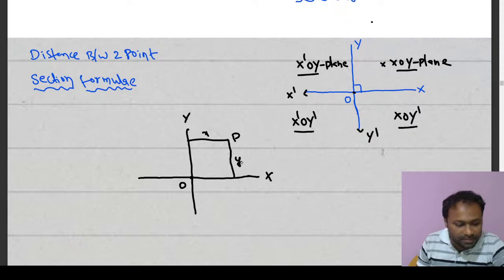That means distance from P to y-axis is x, distance from P to x-axis is y. Then we can write the point as P of x comma y.